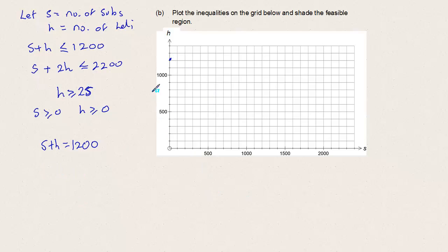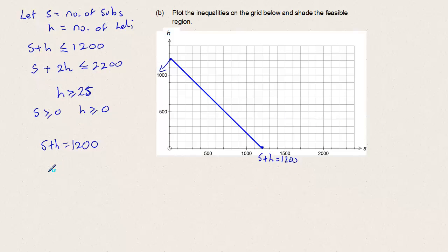If H is 0, S would be 1,200, which puts it just here. And then we can draw a straight line between those 2 points, like so. We really ought to label it. So this one is S plus H equals 1,200. And we know that we need to be on this side of that.